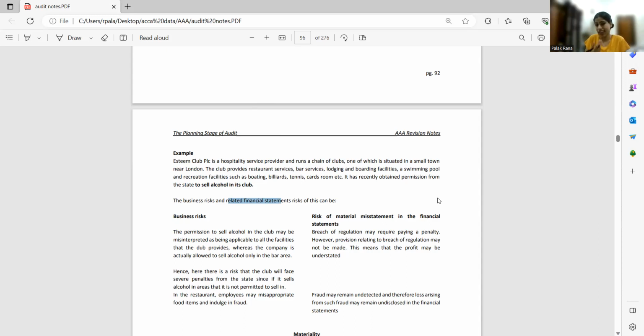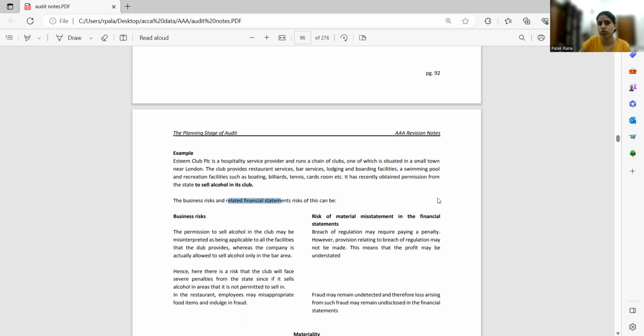This is the business risk, because the business is not able to work smoothly. The same scenario can create ROMM, because if my auditor is not able to detect that fraud because of those small things, there is a risk of material misstatement: that fraud may become undisclosed in my financial statement, and my financial statement will show a material misstatement.